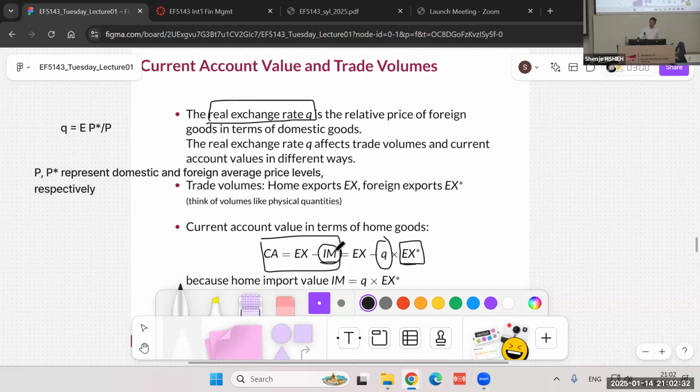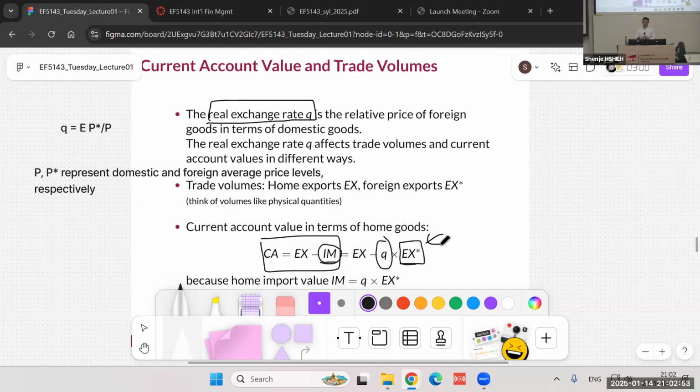That would mean I need to interpret imports as another country's, or an average country's, exports. So IM can be thought of as EX star, just some other country's or an average country's exports. But I have to convert these currency values into domestic values.